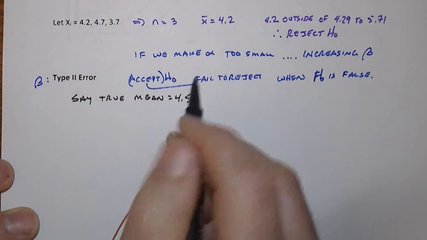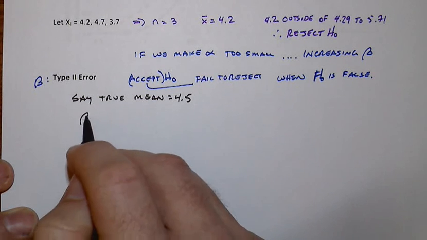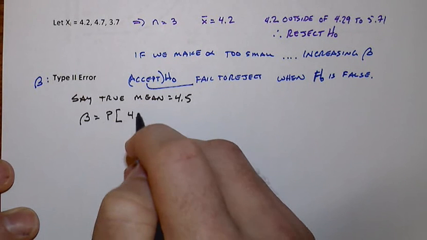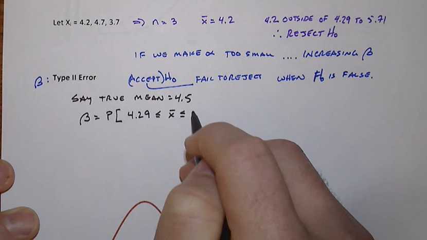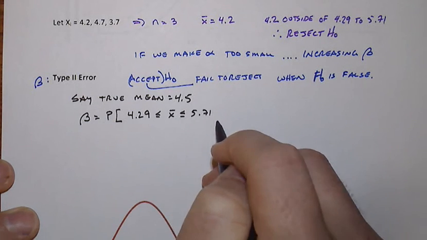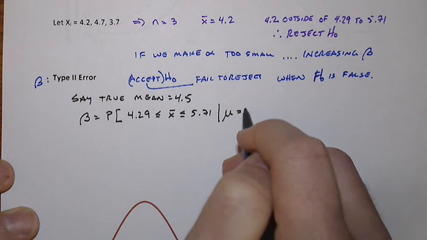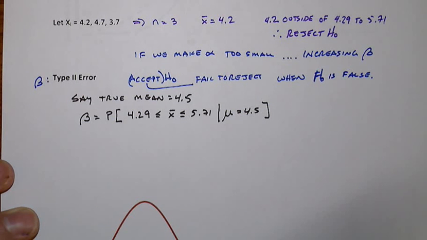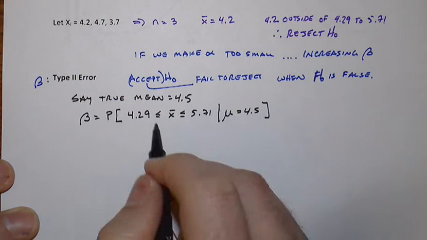Beta is this chance that we're going to make an error. So beta equals the probability that our sample mean is between our bounds, and yet for this specific case mu is equal to 4.5. And we're interested in what that number is. Well, once again we're back into normal distributions here.